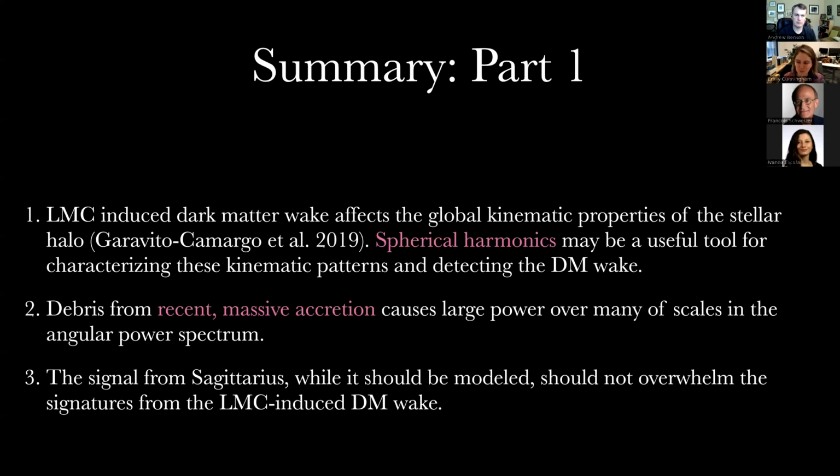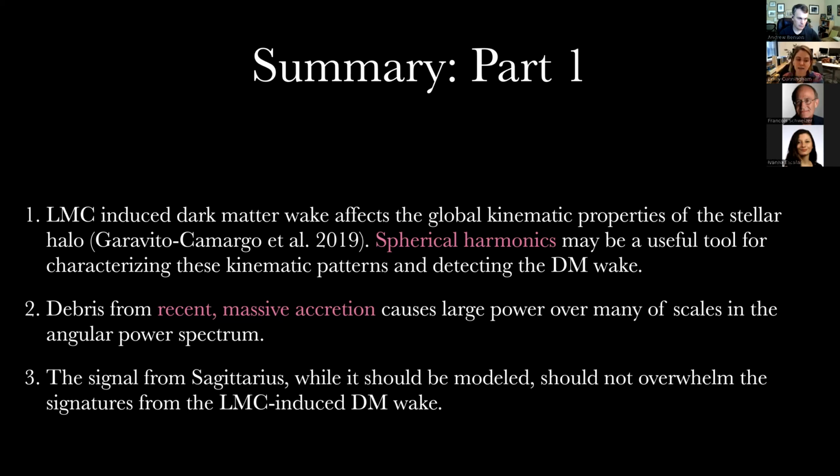So to summarize part 1, the LMC-induced dark matter wake is affecting the global properties of the Milky Way stellar halo, and spherical harmonics could be a useful tool in terms of characterizing and quantifying the kinematic patterns that are induced as a result of the interaction of the dark matter wake and the LMC.